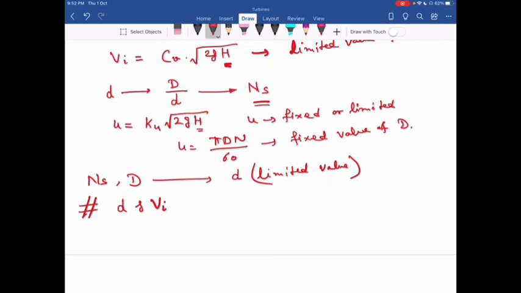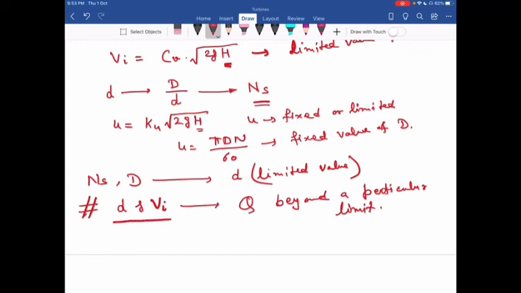So I cannot increase Q beyond a particular limit. So the number of nozzles I cannot increase beyond a particular value. That does not serve my purpose to increase the value of Q to the turbine. This is because of the limiting value of these two factors.